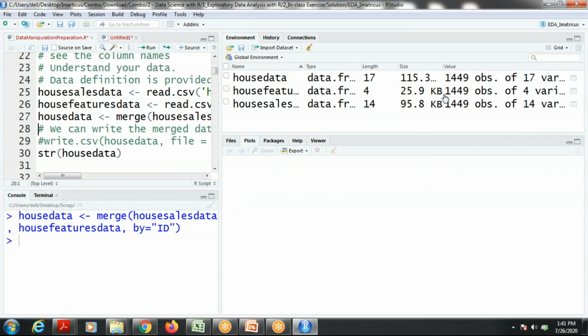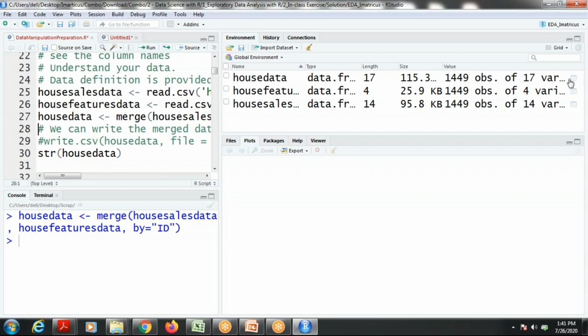If I open it, look at what is happening. In the house feature data, I had 4 variables. In house sales data, I had 14 variables. The new data which is created has 17 variables. Why 17? Why not 18? One is common, right?